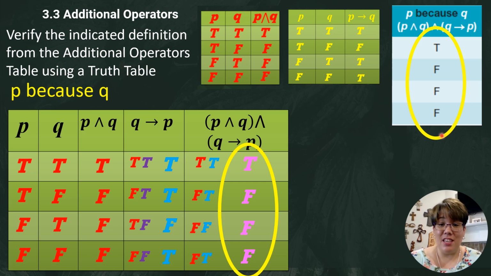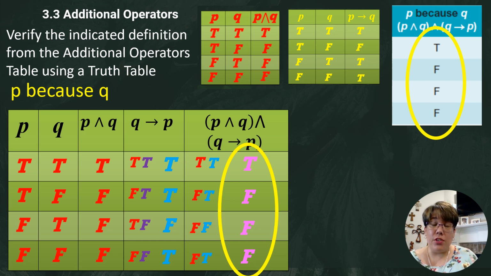In the end, we got TFFF, and on their table they got TFFF. So they want you to verify that you went through all the steps and got the same answer that they did. That's how they got the answer, but they wanted you to see how they got the answer.